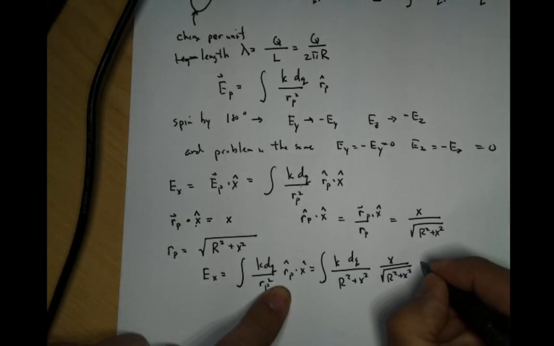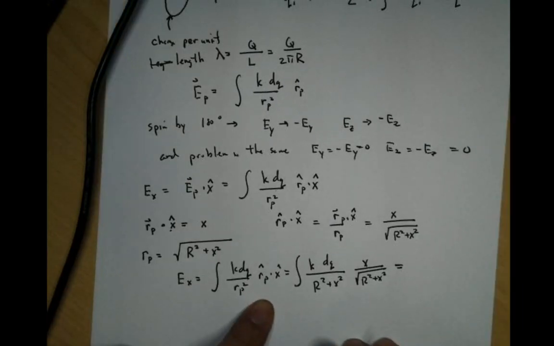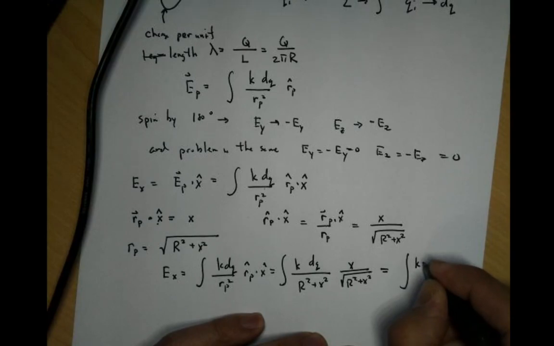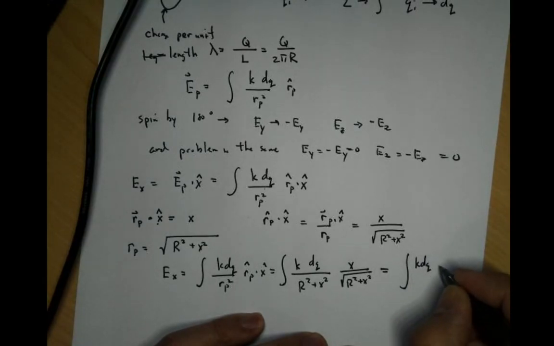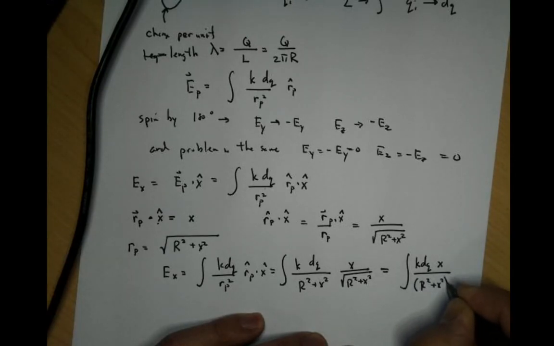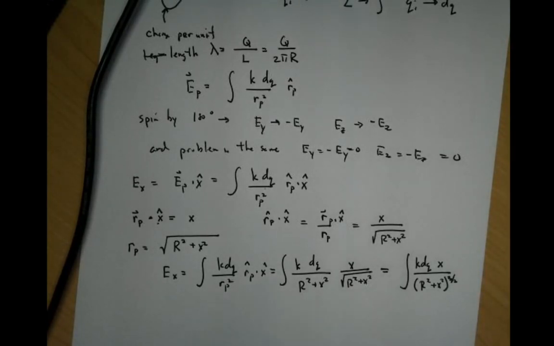Okay, so let's go ahead and finish this one off. The integral of k dq times x divided by r squared plus x squared to the 3/2 power. This appears all the time, stuff that looks like this, so it's just good to get used to that.